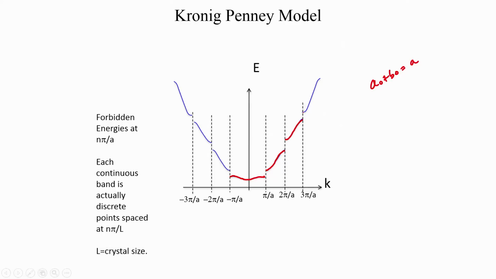And these little S-shaped stitches, if I may use the term, are the energy levels the electron is allowed to occupy. So the electron is allowed to occupy these energy levels, and these energy levels, and so on. But at these boundaries, when k takes a value of an integer times pi by the lattice constant, you find that there is a sudden jump in energy, there is a discontinuity. So the electron can take all these values, but then beyond this it has to jump into the next set here.